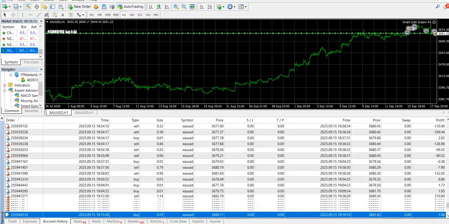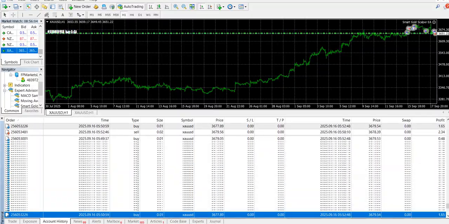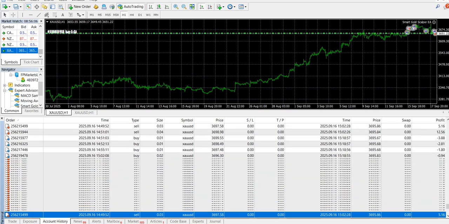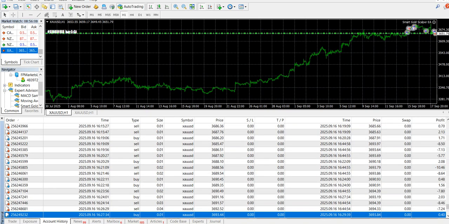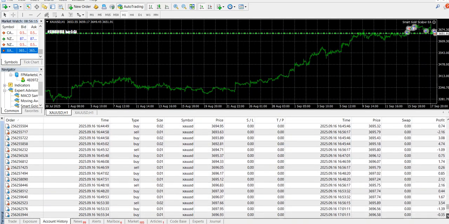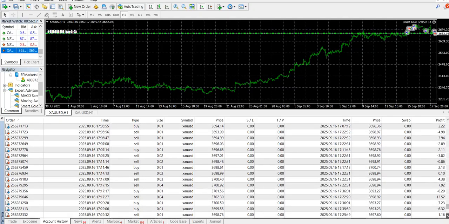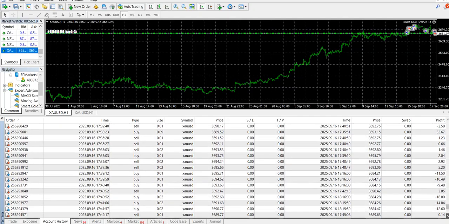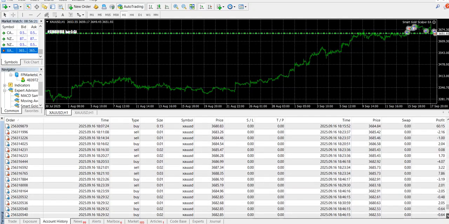I'm using the page down button right now, so that is the reason it is so super fast. Otherwise the downward arrow key will not work that great. Okay, so now I think it's almost done. So you can see how many trades this EA opens in a single day.